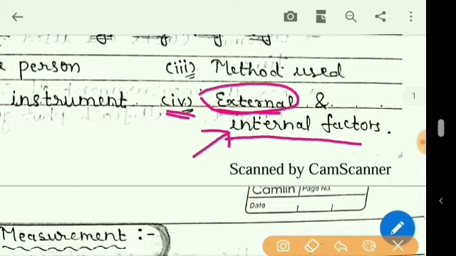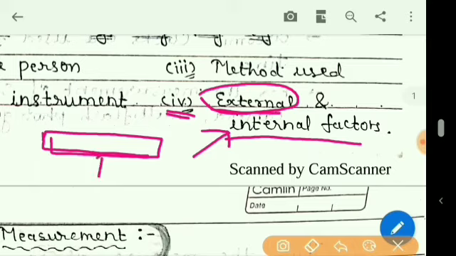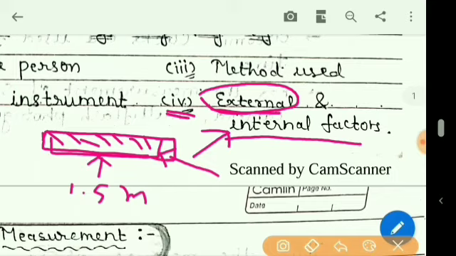Now, if I give an example of measurement of a metallic rod, suppose at normal temperature, if I measure the length of this rod, it gives the value 1.5 meter. Then in summer, we know that the temperature is more, and so this metallic rod will expand and its length will increase.